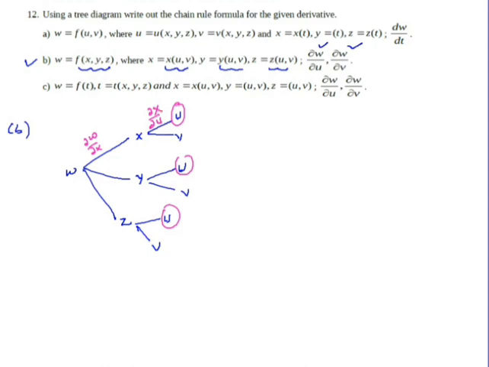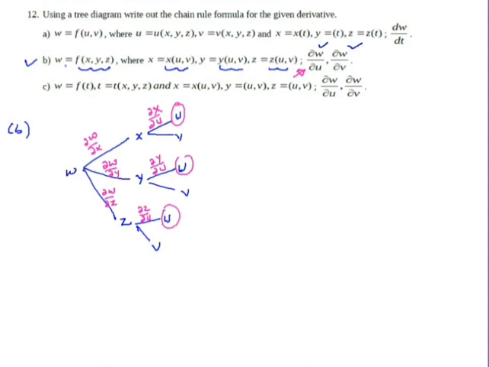Okay, and the partial derivative of w with respect to y and the partial derivative of y with respect to u is the second path. The third path is the partial derivative of w with respect to z and z with respect to u. So these are the three paths to determine the partial derivative of w with respect to u.